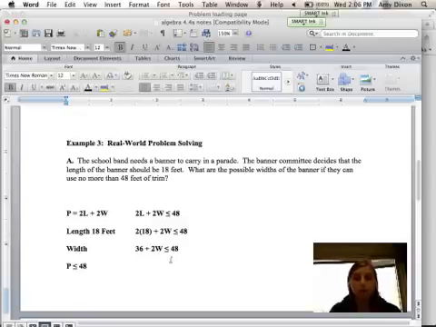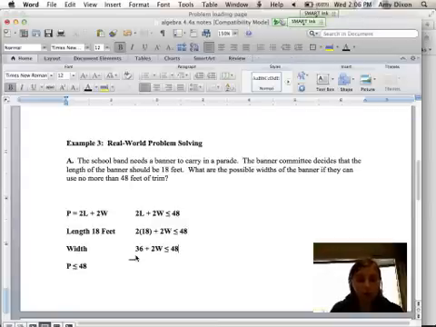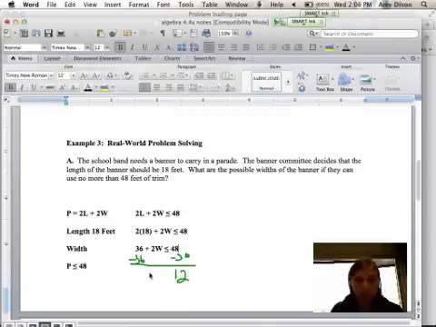Okay, so then what we can do is solve this. We're going to subtract 36 from both sides. Now 48 minus 36, that's going to give us 12. So we get 2W is less than or equal to 12.